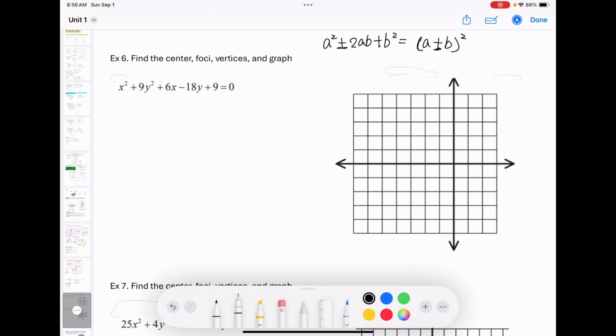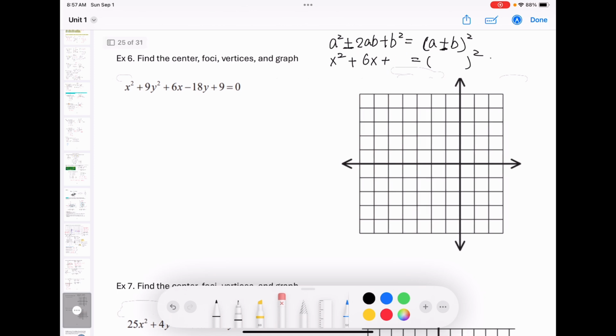If we have x squared plus, for example, 6x, what is the third part to make a perfect square? The third part is half of the middle coefficient, 6, and then square it. In the parentheses, it is x, the base of the squared, plus the base of this squared, which is 3. We construct our perfect square.